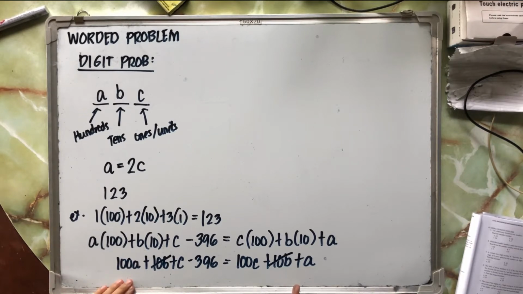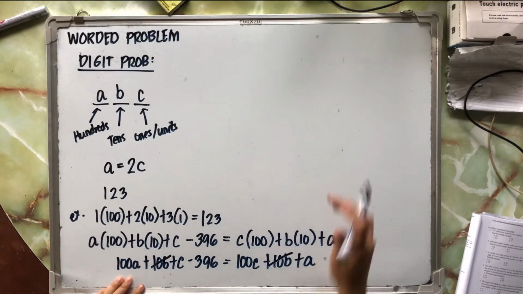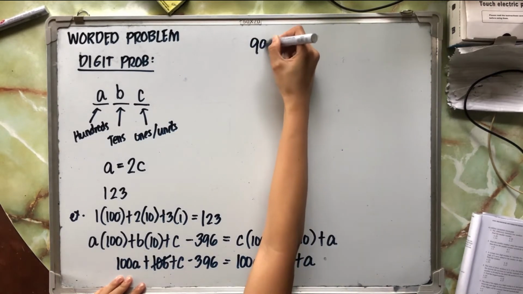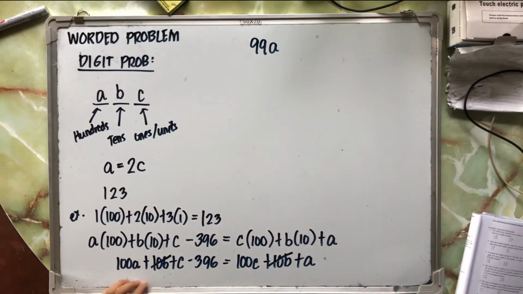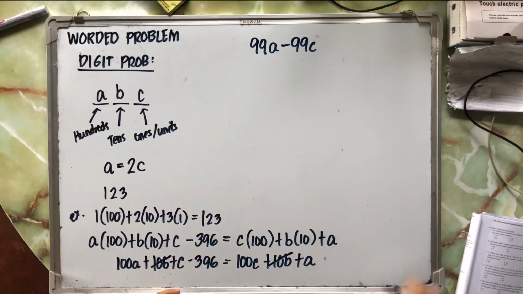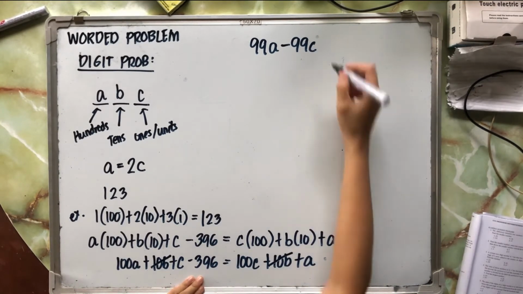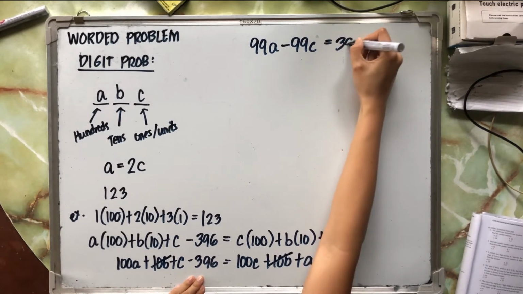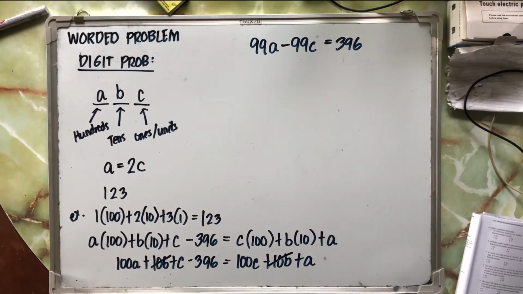Okay, so what will happen here? 100A minus A, 99A na siya. And then C minus 100C is a negative 99C. And that would be equal to 396. Ilipat natin sa kabila, that's a positive 396. So you have that equation there.